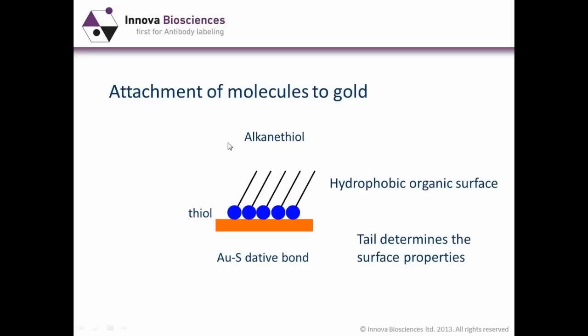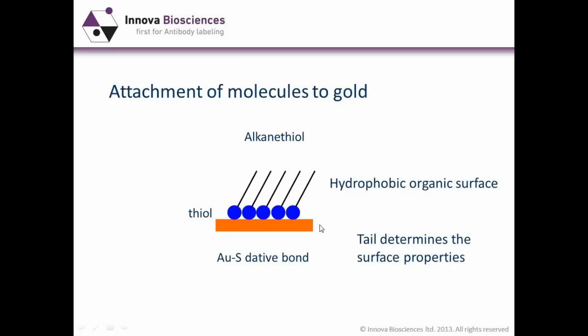Okay, if we think about attachment of molecules to gold, you really start with the field of molecular self-assembly, and there's a lot of research done in this area. Essentially what you can do is take thiolated molecules, in this case alkane thiols, which have hydrophobic tails, and thiols have a reasonably high affinity for gold surfaces, so the thiol groups align on the surface and the tails align to give a hydrophobic organic surface.